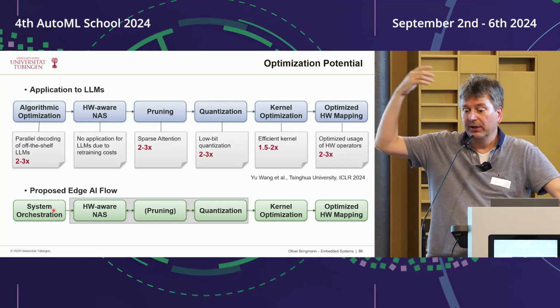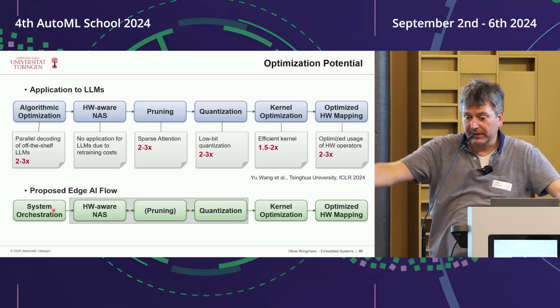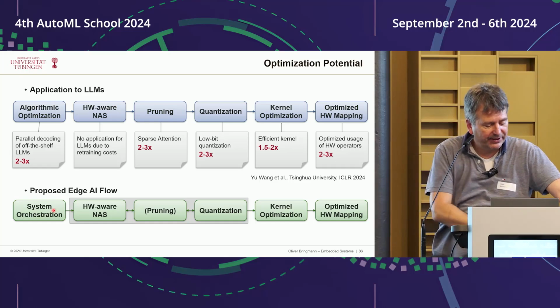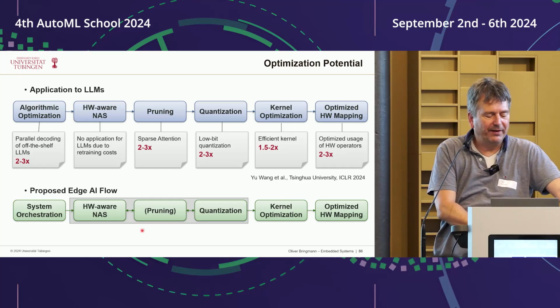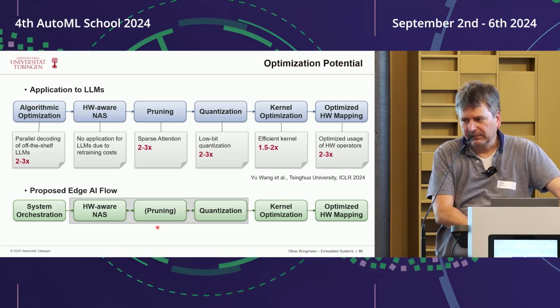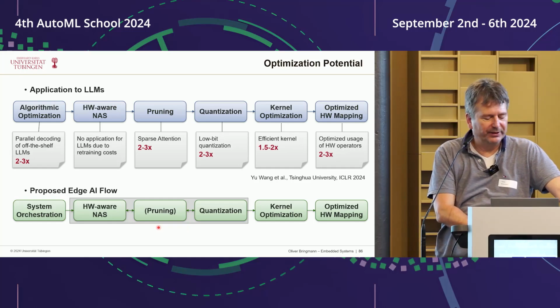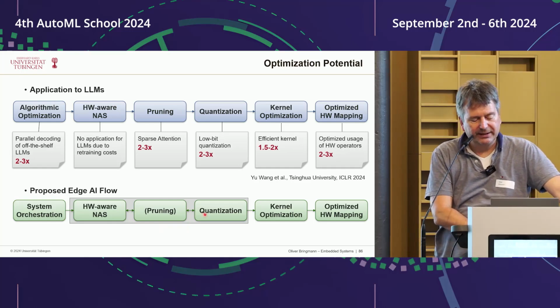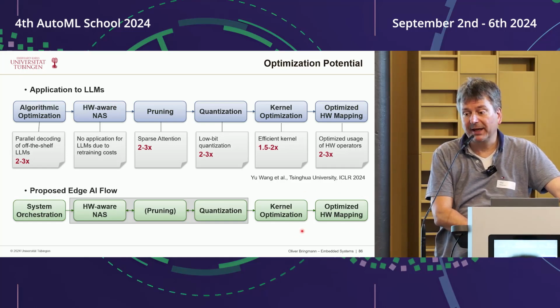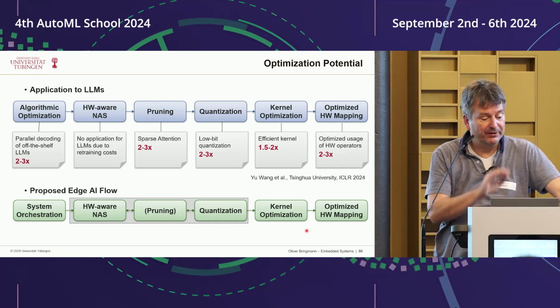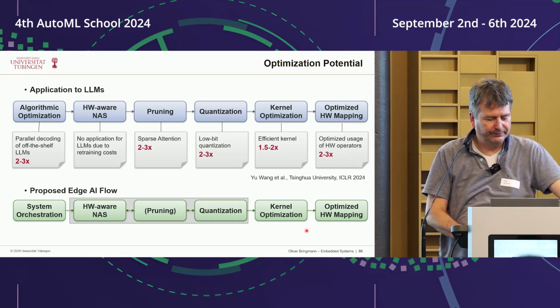We need to schedule the design and do some kind of memory considerations. And then, as we will show afterwards, do hardware NAS with implicit or explicit pruning or some quantization. Then you can do the kernel optimization and optimize the hardware mapping. We put a lot of effort into the deployment aspects, but we don't have time to show that today.